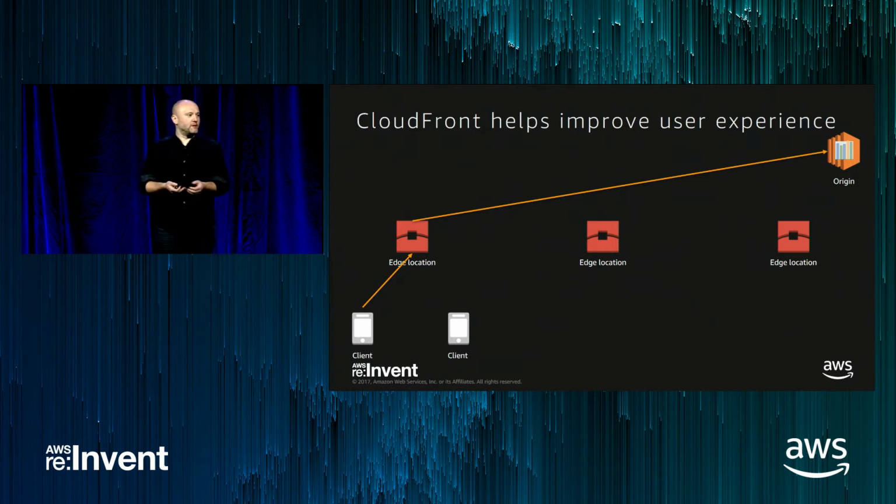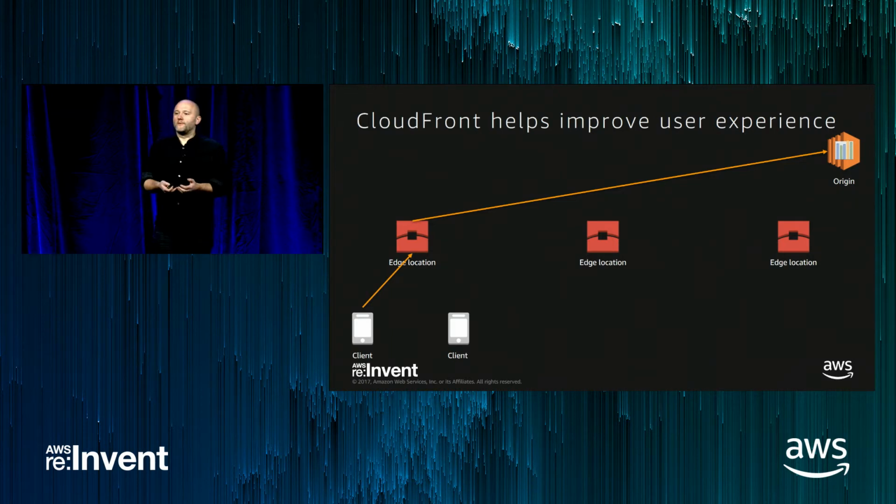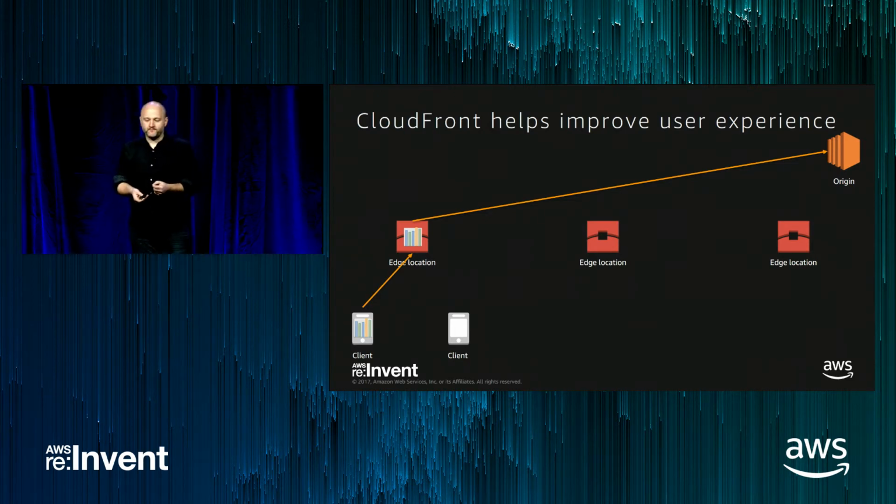Once the connection is set up, we'll keep it open for future requests. So we can make the HTTP request, get the content back into CloudFront, and then deliver it to the client. And optionally, we can store that object in the cache of CloudFront for a future request.